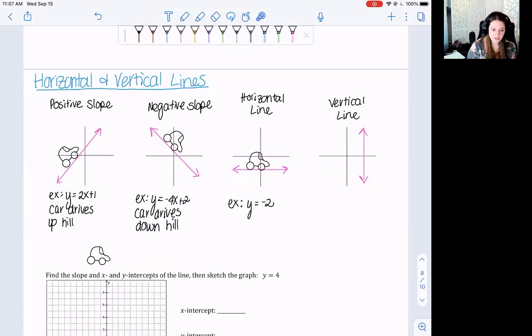Here, the car's not driving uphill or downhill. The car's just driving straight on flat ground. So in the case of a horizontal line, the slope is 0.